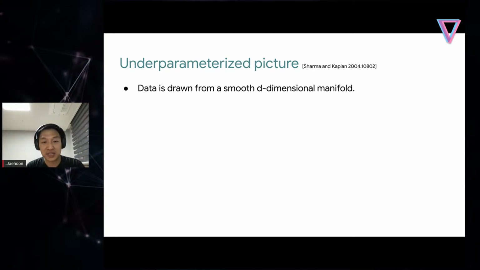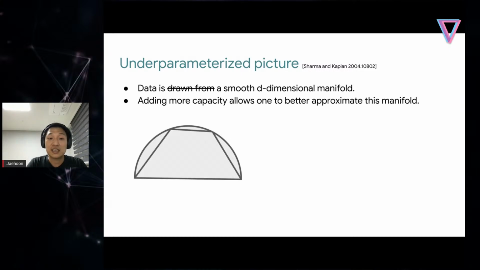A very similar setup can be studied for the underparameterized model and how it scales with the model size. In this setup, instead of thinking that data is drawn from a smooth d-dimensional manifold, we can consider the data itself to be the d-dimensional manifold, since we're effectively taking the number of data points to be infinite. This can be a good model. Then adding more capacity to the model will allow it to better approximate this data manifold.